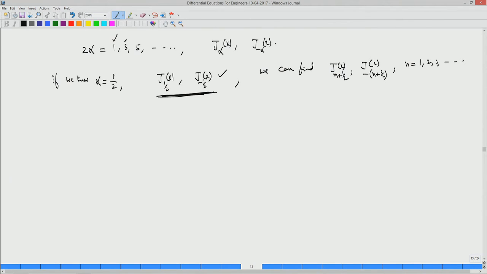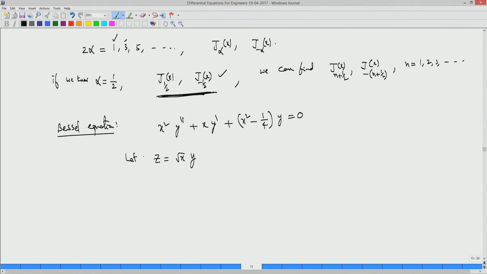by simply considering the Bessel equation in this case. Bessel equation is x square y double dash plus x y dash plus x square minus alpha square, which is 1 by 4, y equal to 0. So, this is the equation. If I choose z equal to root x into y, let this be the transformation. So, I am changing the dependent variable to z of x.